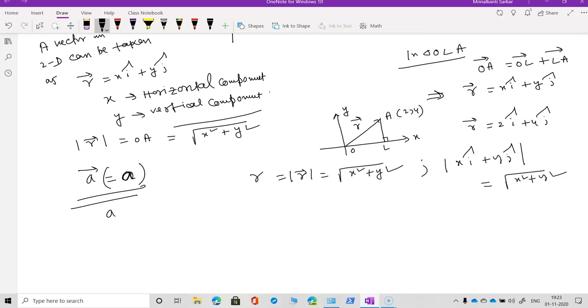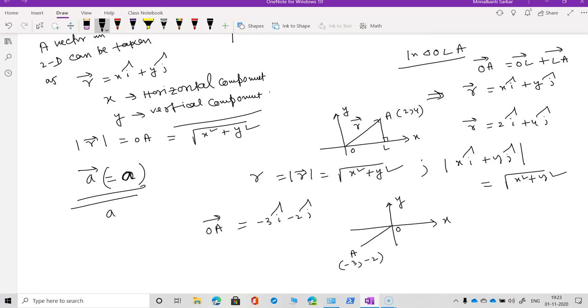A vector may have components along negative axes. Suppose in the two-dimensional coordinate system, a vector is in such a way that its tip is at the point (-3, -2). Then how do you express the vector OA here? Then OA is going to be equal to -3i minus 2j.